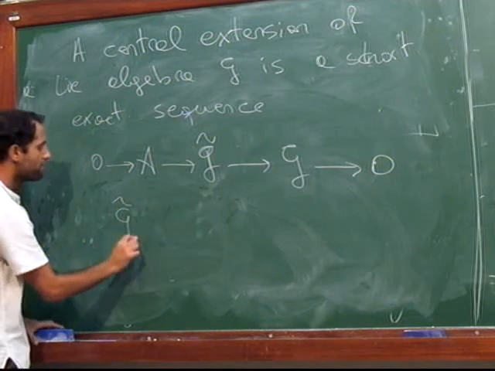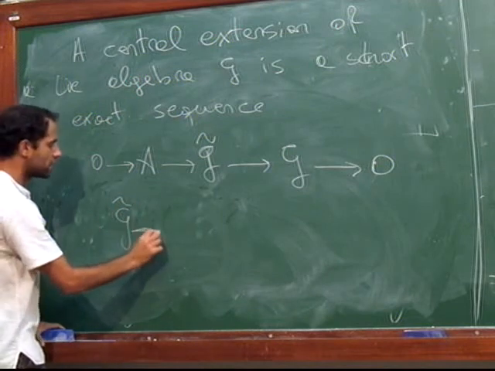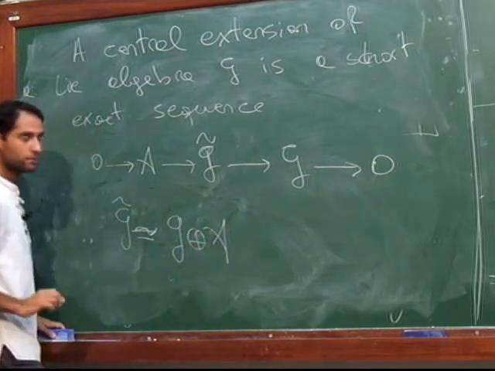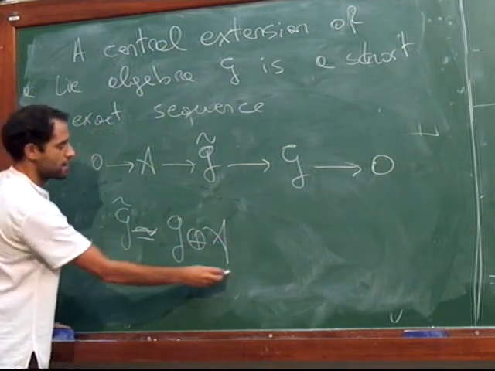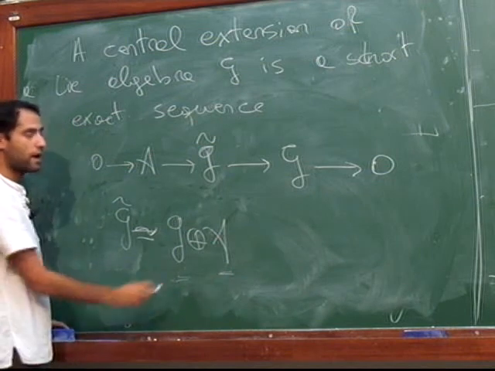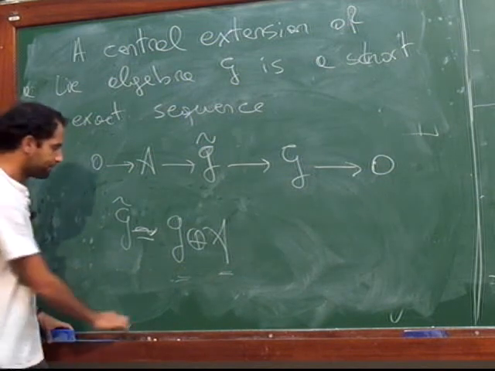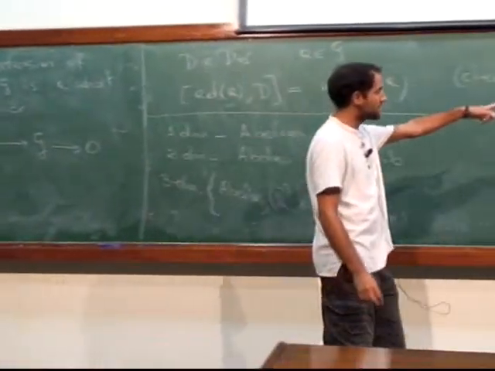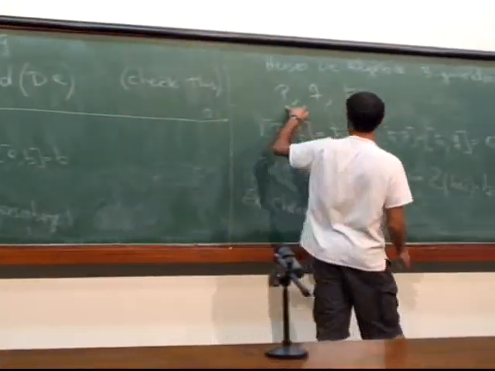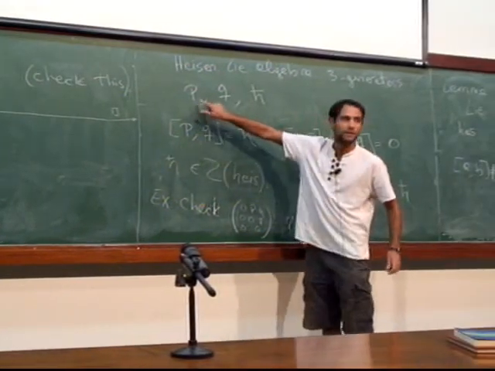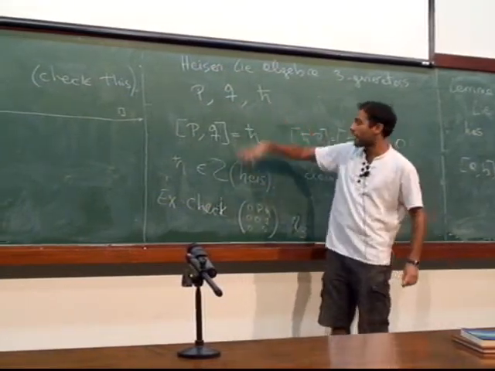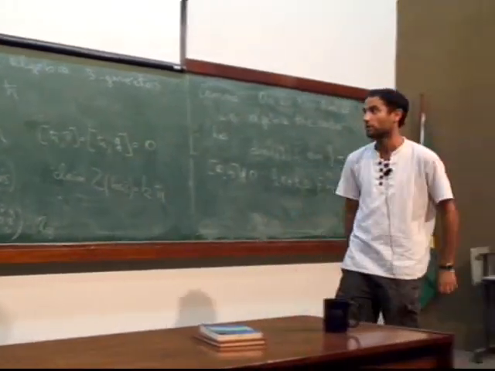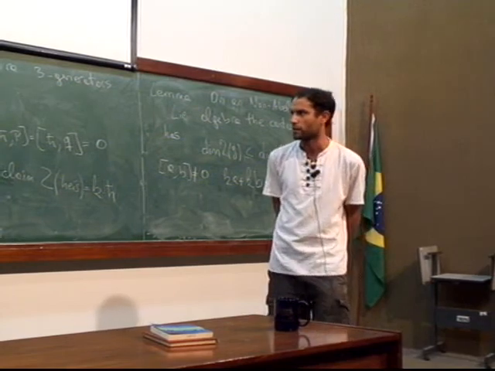But if we pick a splitting of this short exact sequence and we write G tilde as G plus A, then the commutator of any guy in here with any guy in here, I want it to be 0. And this is what happened here. I have a two-dimensional Lie algebra, P and Q. Let's take it to be abelian. And then the Heisenberg algebra is a central extension of a two-dimensional abelian Lie algebra by a one-dimensional center. I'll explain this tomorrow in better detail.